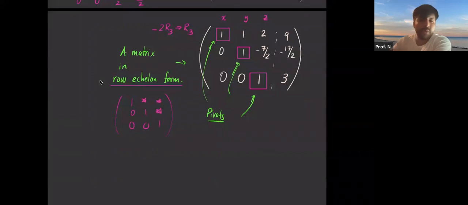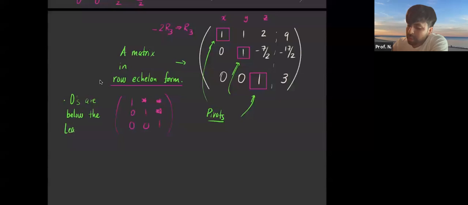Right now we only have zeros below the ones. These ones are also called leading ones.